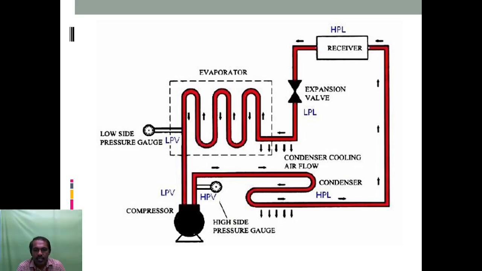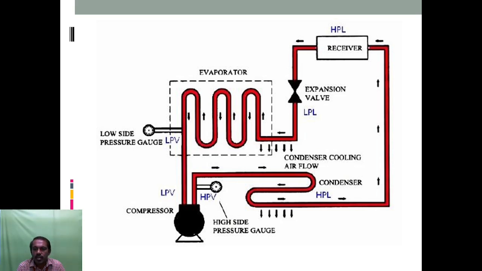Here the refrigerant is the working substance, and the compressor is mainly used to produce a high pressure, high temperature vapor of the refrigerant. This high pressure, high temperature vapor goes to the condenser. The condenser is a heat exchanger. It is used to reduce the temperature, but there is no change of pressure.